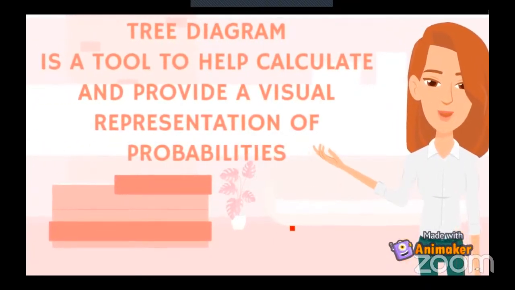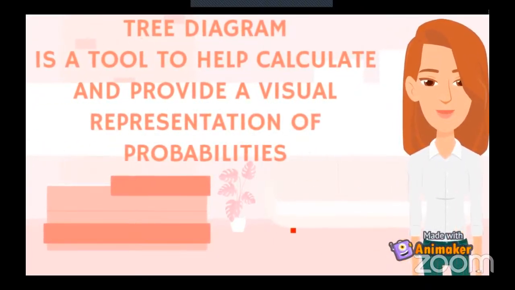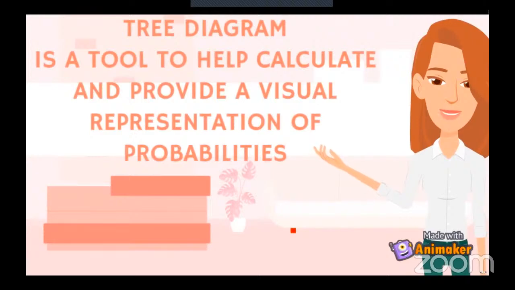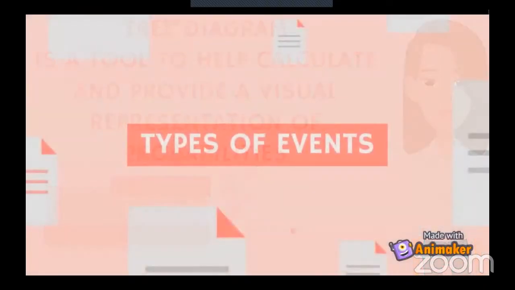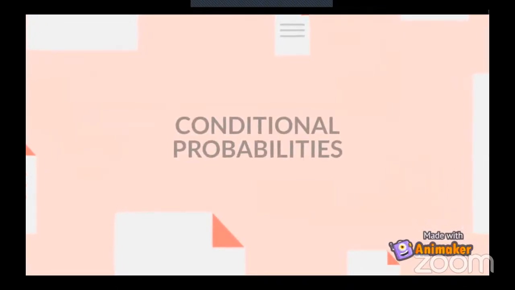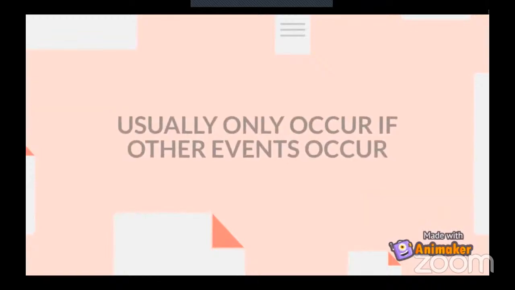A tree diagram is a tool to help calculate and provide a visual representation of probabilities. There are two types of events. First, conditional probabilities, otherwise known as dependent events, are the typically increased chances of an event taking place because another event has already happened.